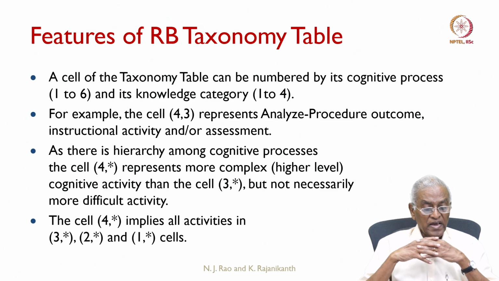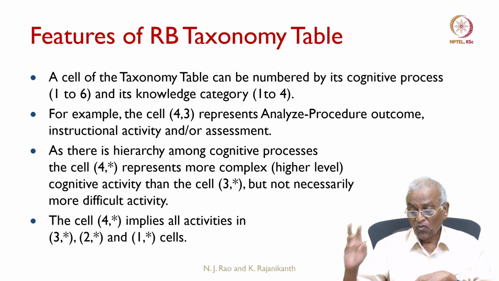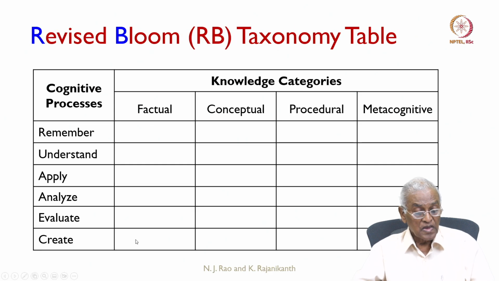Also, a cell in the 4th row will imply all activities in the 3rd, 2nd and 1st rows. What it means is, if I am talking about any activity in this cell, I don't have to again say that I am also involved with the activities in the second row and also the activities in the 1st row.